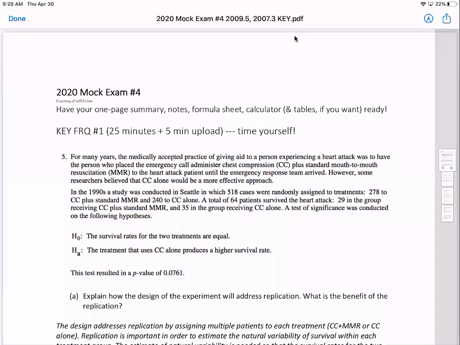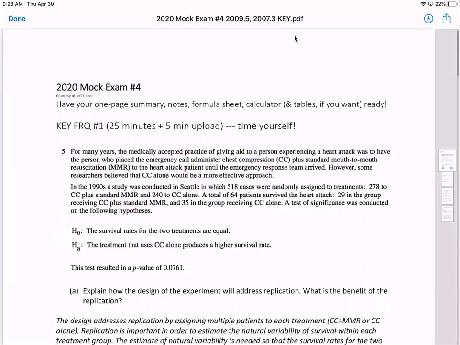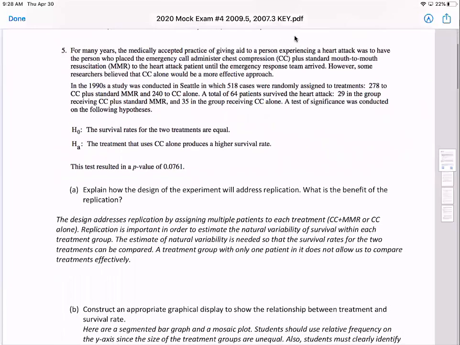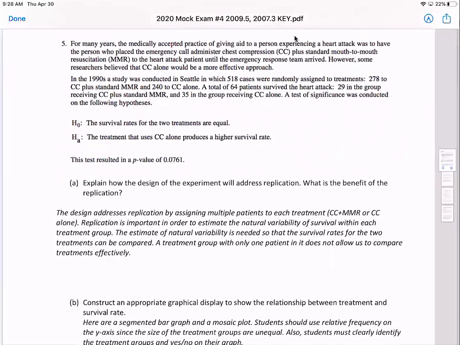Question number 1. This was a question from several years ago that I added some parts to. I think it's interesting, this question about chest compressions versus, or in addition to, mouth-to-mouth resuscitation. Over the years as a teacher, I've had to get CPR training, and it seems like the requirement has gradually changed.